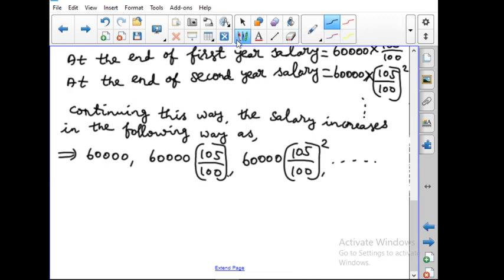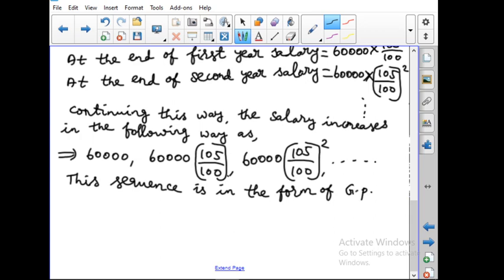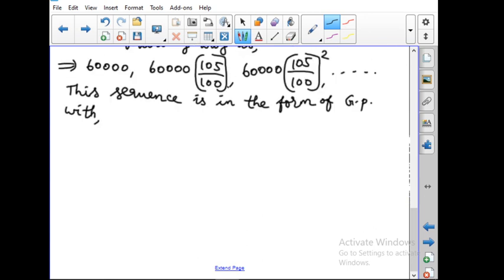Here you have to write like this: this sequence is in the form of a GP. Why are we considering this a GP?